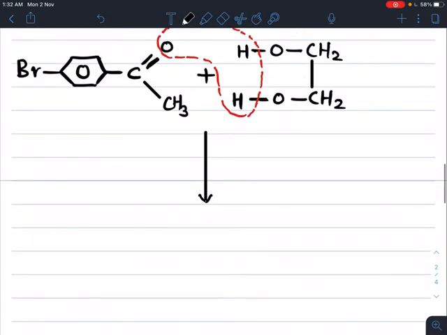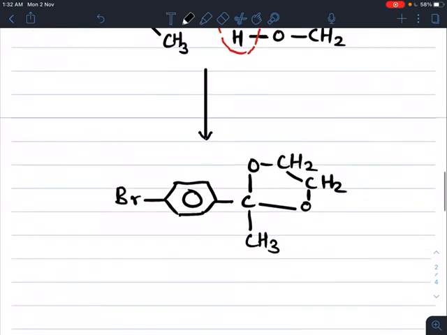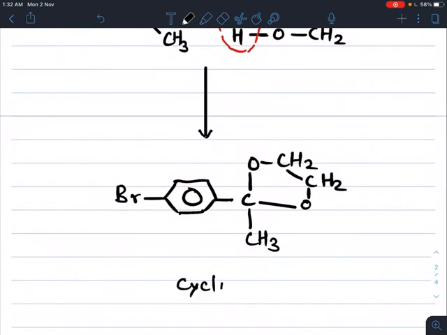See, this Br is bonded to this aromatic ring as it is, there is no change. Now at this carbon, the double bond is converted into a single bond, and it is bonded through oxygen to CH2CH2O. In this way the final product is nothing but a cyclic ketal. So the corresponding cyclic ketal is formed from the given compound.